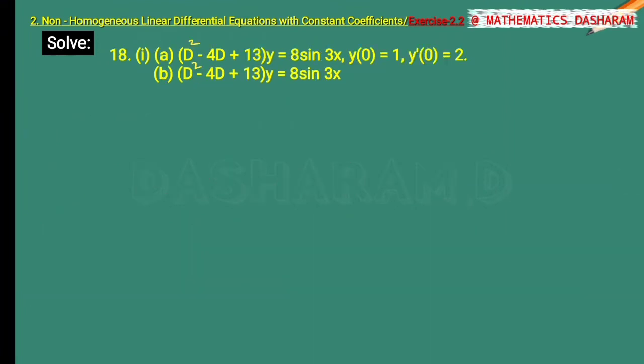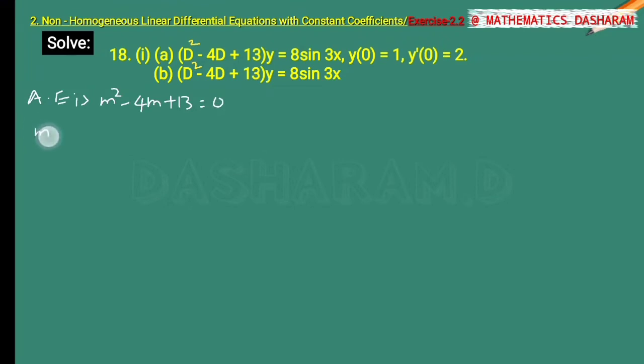18th bit, first question: D square minus 4D plus 13 into y equal to 8 sin 3x, y of 0 equal to 1, y dash of 0 equal to 2, and the b question also same. Okay, so first the auxiliary equation is m square minus 4m plus 13 equal to 0.